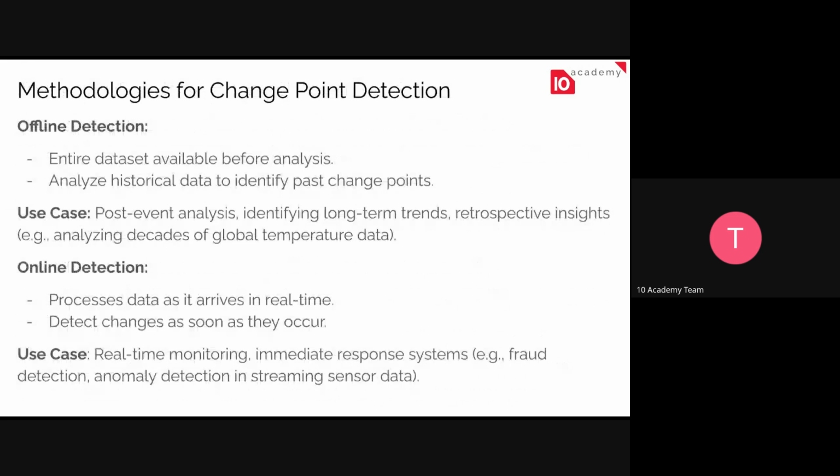When we look at the methodology of change point detection, you can basically set up your change point analysis in two ways. The first one is offline, which is what you're going to be doing for this week. You have the entire data set on your hands, and you're going to be analyzing the historical data to identify past change points.